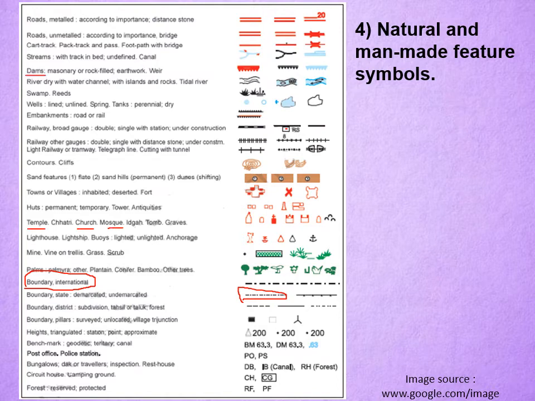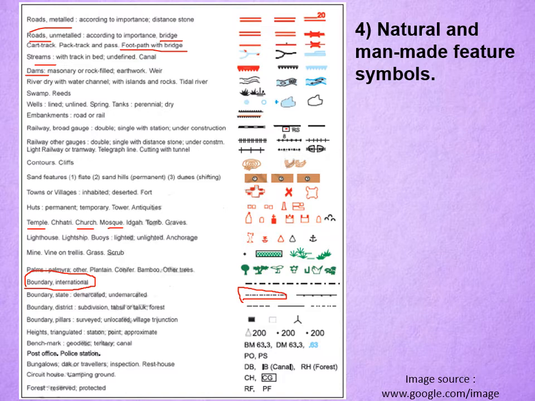Here you can see the dams, streams, roads, metallic road, different bridges, footbridge. So all these things that we see in our surroundings are represented by different symbols as well as different colors.